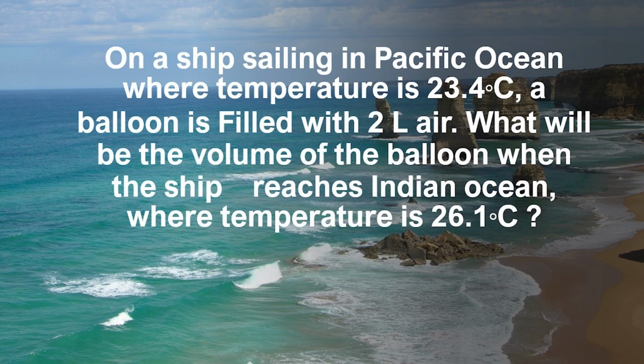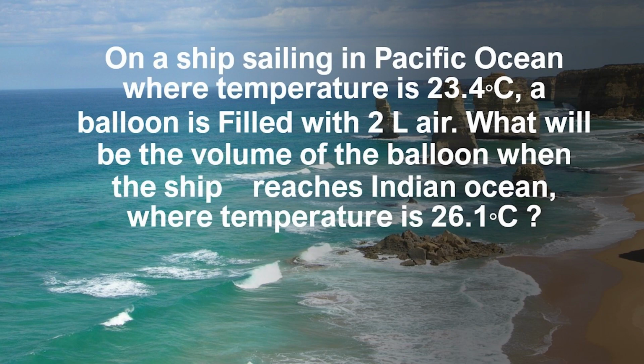Now we shall solve one problem. You please note it down. On a ship sailing in the Pacific Ocean where the temperature is 23.4 degrees Celsius, a balloon is filled with 2 liters of air. What will be the volume of the balloon when the ship reaches the Indian Ocean where the temperature is 26.1 degree Celsius?